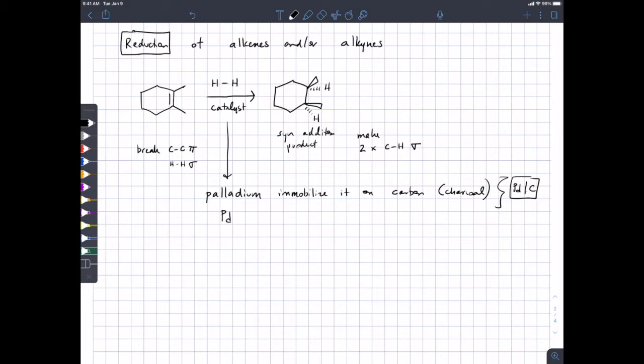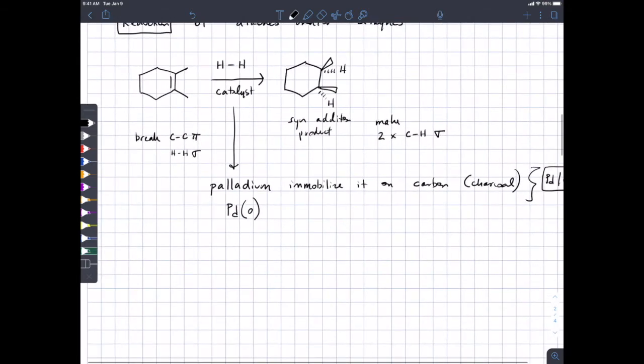Palladium on carbon is a source of palladium in its 0 oxidation state, so not ionized. But if you look at where palladium is on the periodic table, it's got 8 d electrons, so it's got some space. It's got 8 d electrons and then 2 s electrons, which are sometimes in the d block. Anyway, it's got orbitals that are available to interact with things.